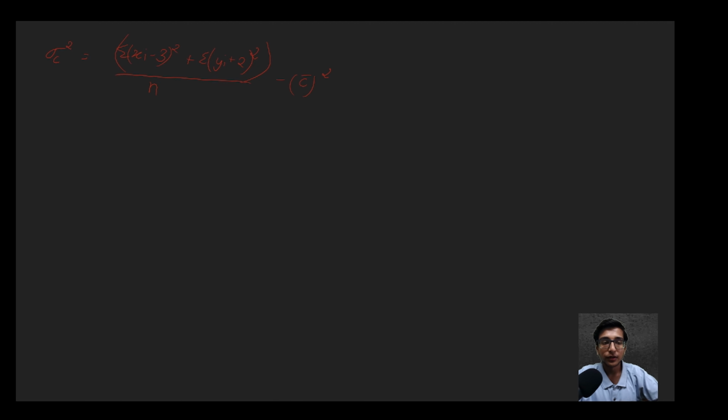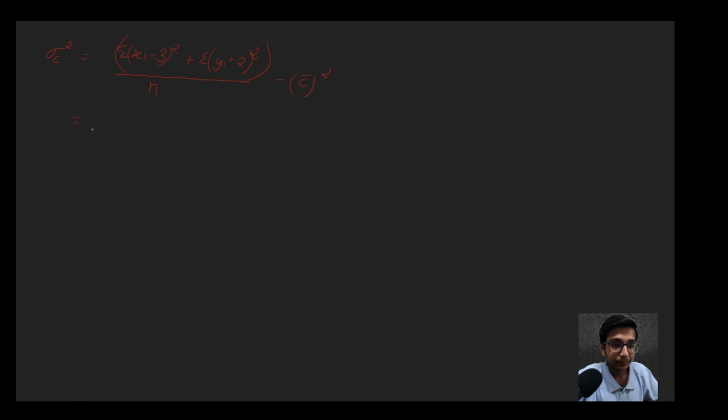Isn't this the formula for sigma square, where we sum the squares of all the points on the data set divided by the number of points in that data set minus the mean whole squared? So that is exactly what we are doing here.